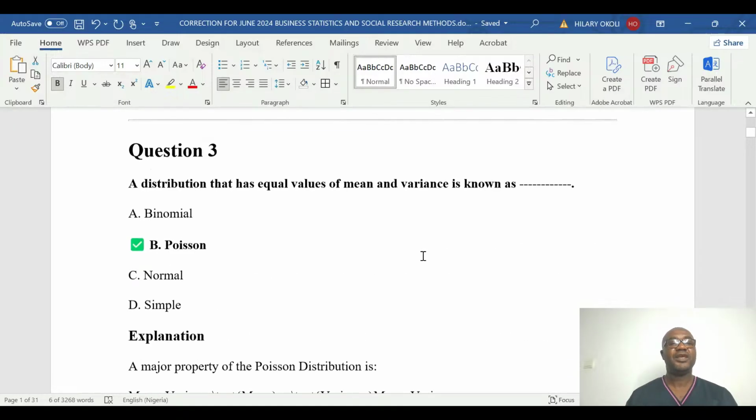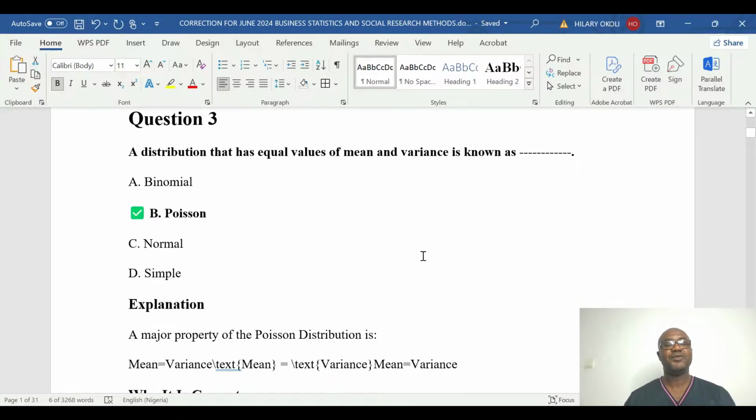Okay, next question again. Question 3: a distribution that has equal value of mean and variance is known as what? We have said it before, it is known as Poisson. It's not binomial, it's not simple, and it's not normal. It's Poisson.